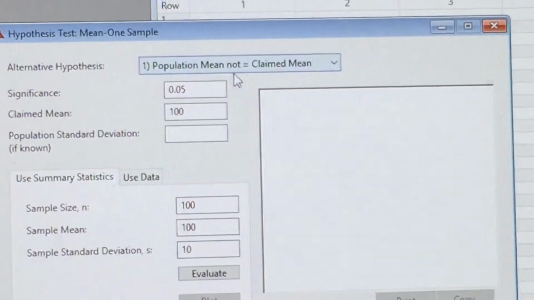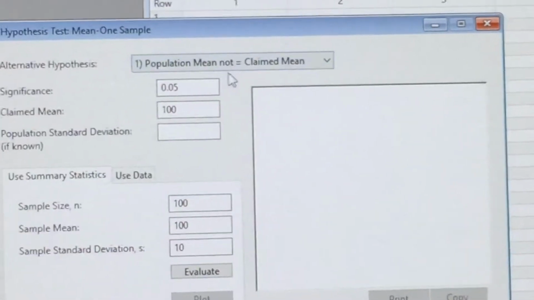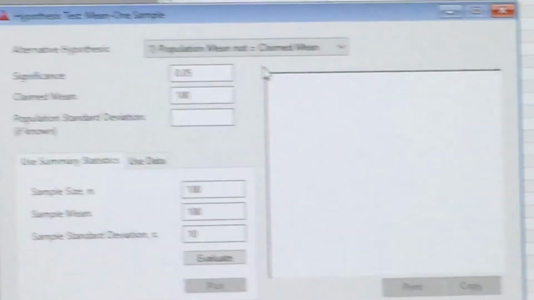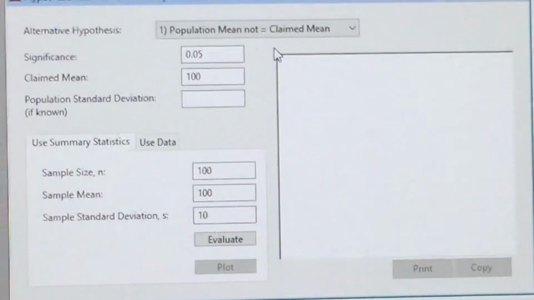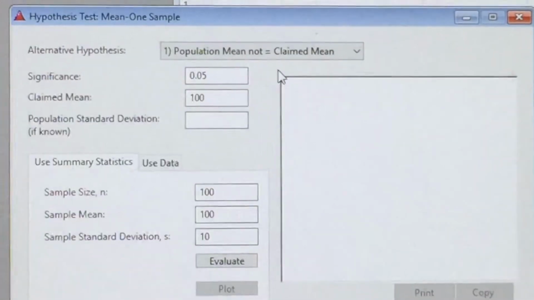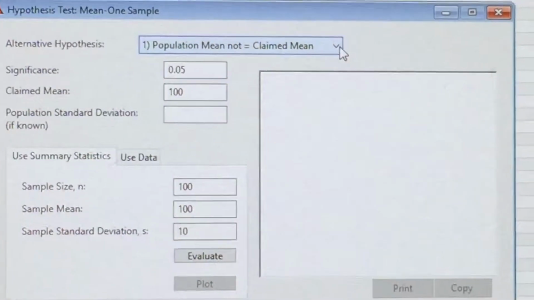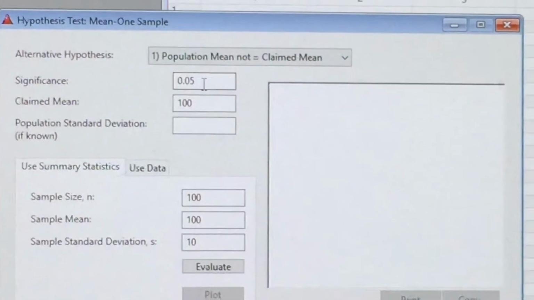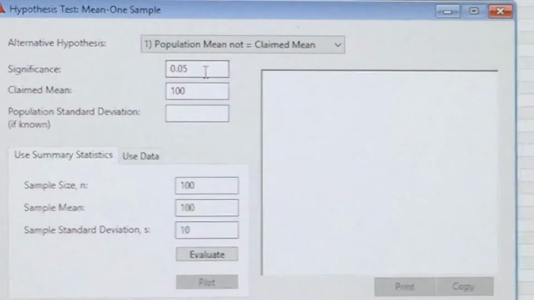So we need to select the one that says population mean not equal to, because that's the opposite of the original claim. The claim was that the mean weight equals 2.6 grams, so the opposite would be not equal to. That's the one we're going to select. The significance level is still 0.05 as indicated in the problem.